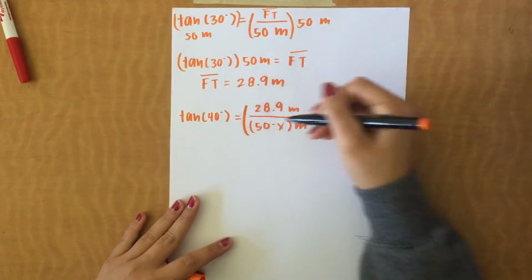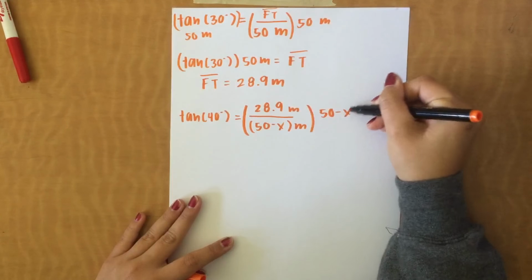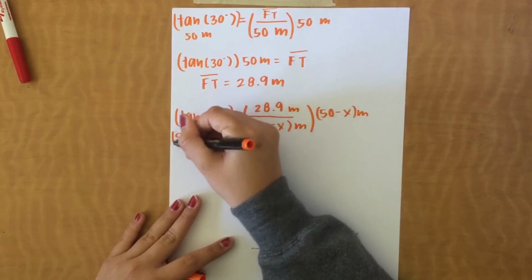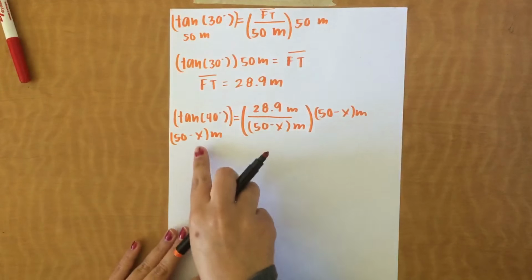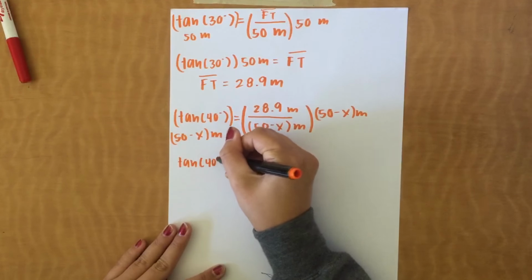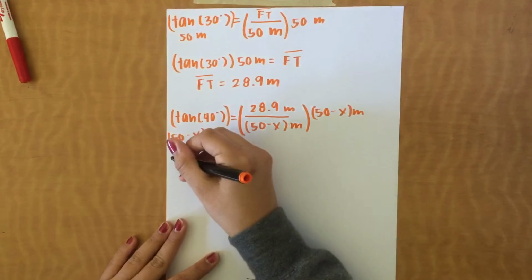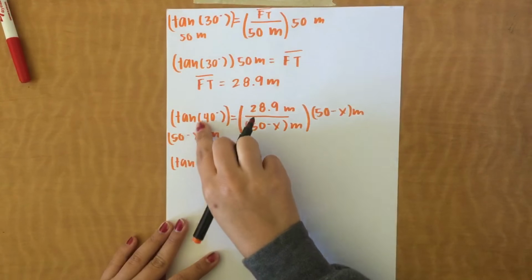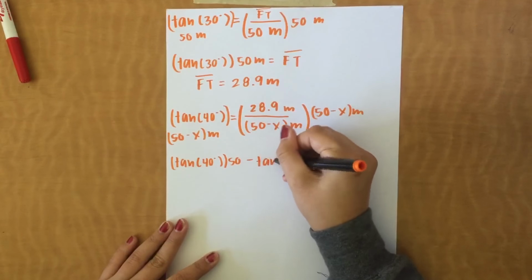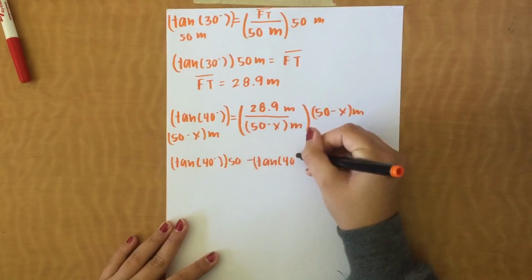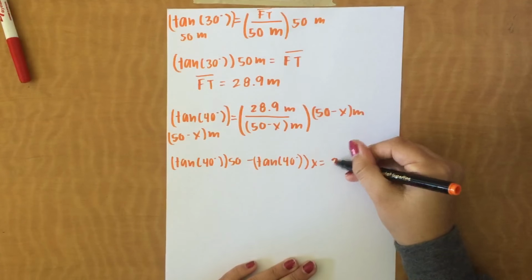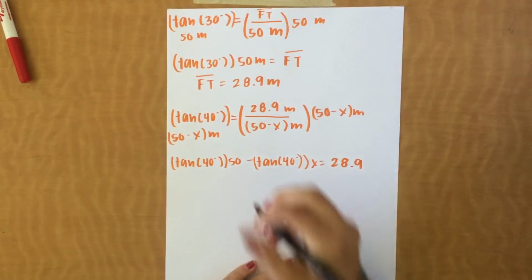Then we'll have to multiply 50 minus X to both sides. And then this will be tangent of 40 degrees. I'm going to distribute right now. Times 50 minus tangent of 40 degrees times X. And this is just going to be 28.9 because this cancels out.